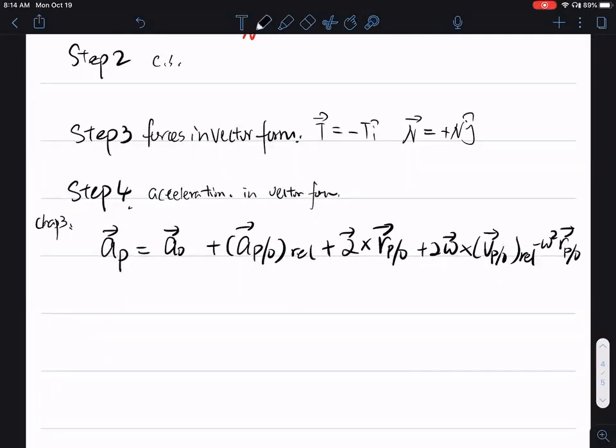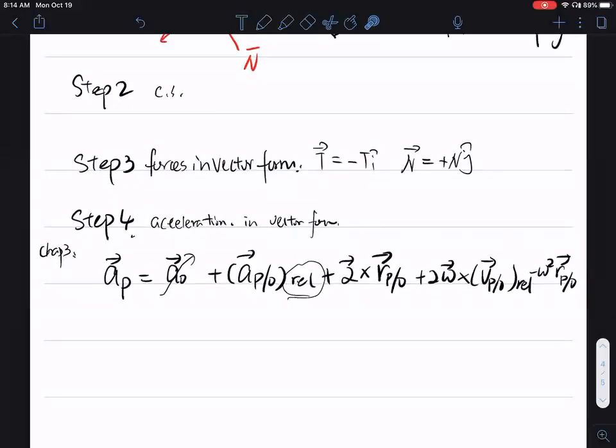Yeah, that's 0 because it's a pin point over there. It couldn't move. What is the relative acceleration AP/O? How do we find that relative acceleration?